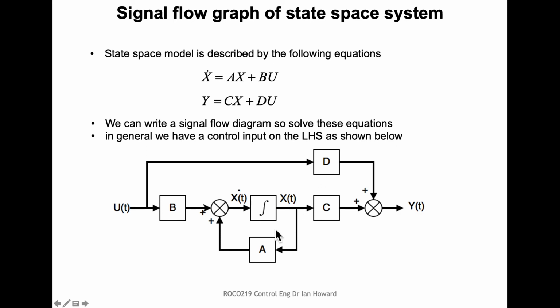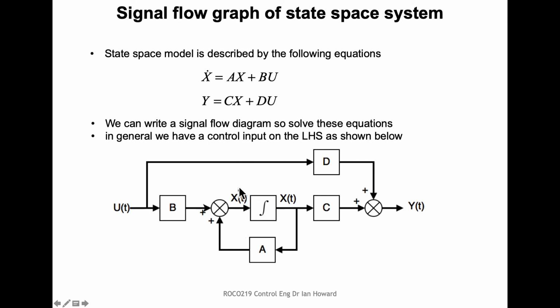Secondly, let's consider now the x dot and the x. So what we're saying here, x dot, that is the differential of the state, and x is the state itself. And if we want to get from the differential to the state, we have to integrate it. So what we have here is a representation of the state differential, which we then integrate to get the state. So that's fine, we can do that. So let's now think about how we build up x dot.